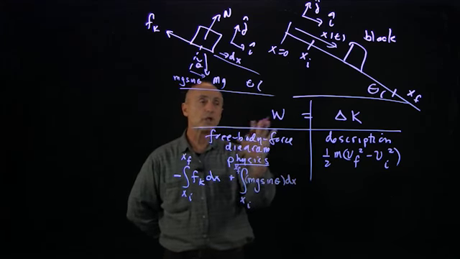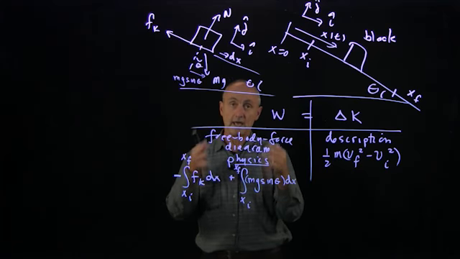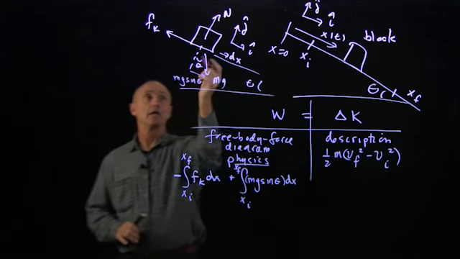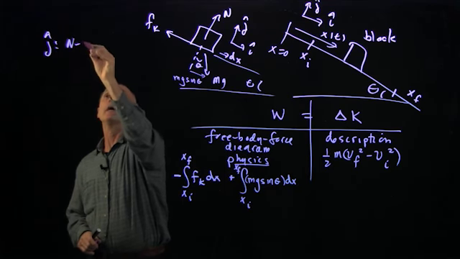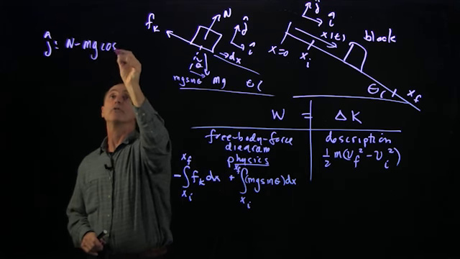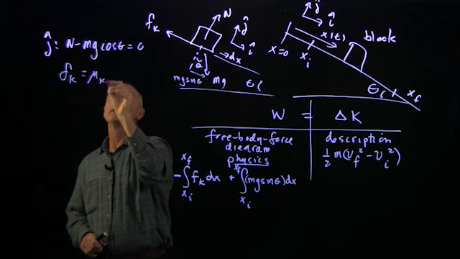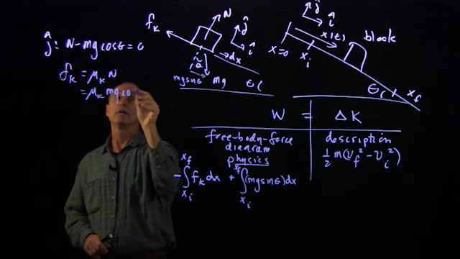And so when you're applying the work energy theorem, you need to integrate your forces and actually calculate the work. Now, again, if you looked in the j hat direction and we applied Newton's second law, N minus mg cosine theta is 0, and our rule for friction is mu k times N, or mu k mg cosine theta.